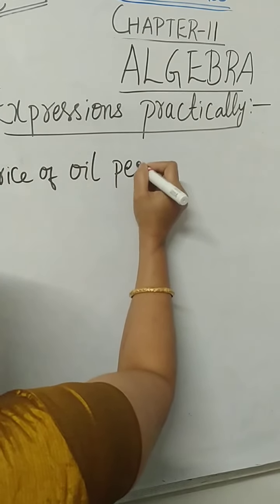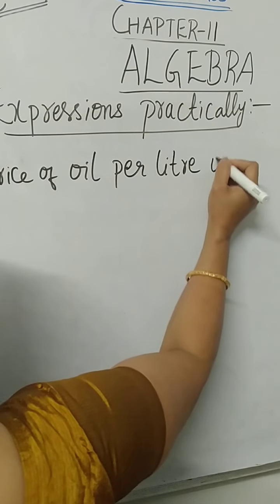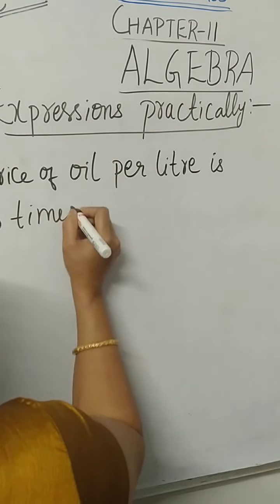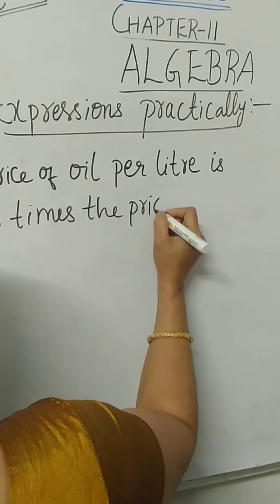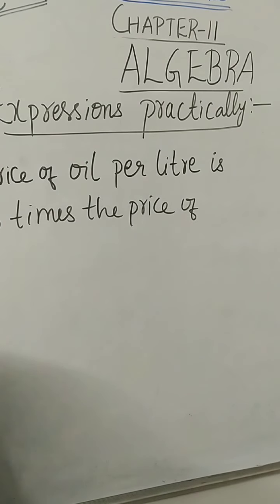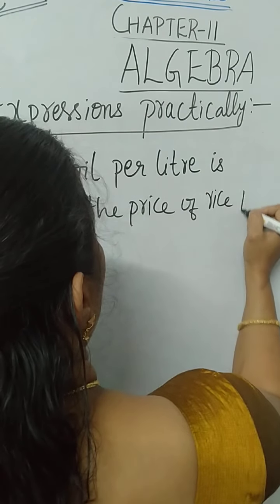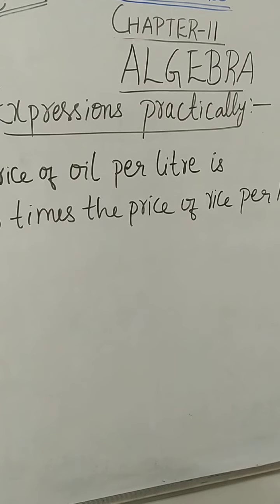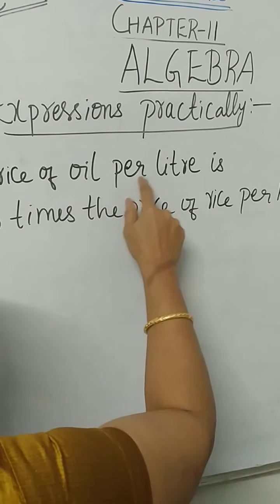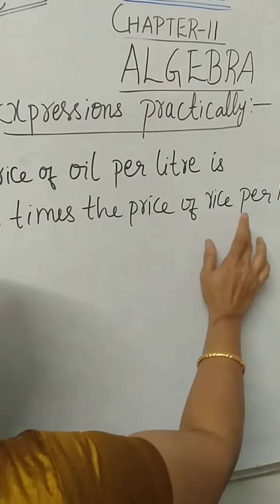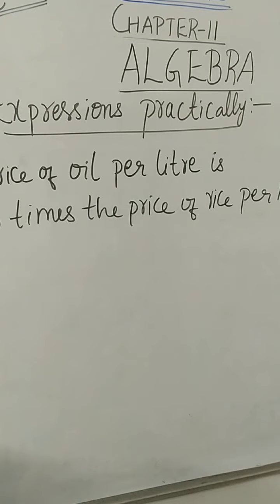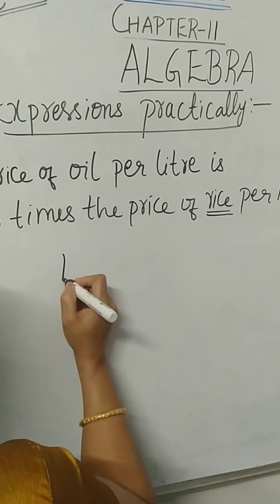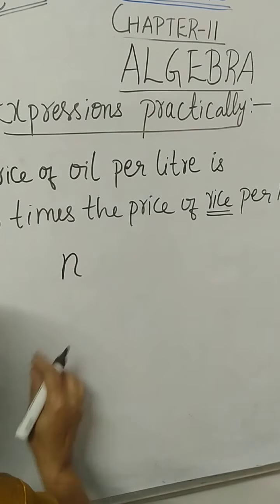How will you write this in the form of an expression? Let us take the price of rice per kg be some n.